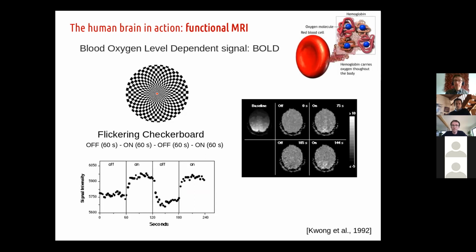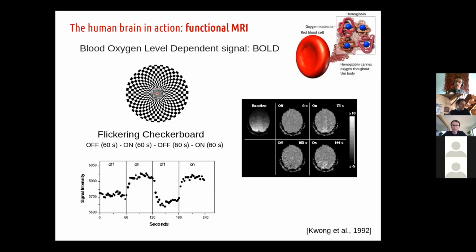Another cool thing with MRI is that it can capture energy consumption because it is sensitive to iron concentration and to the susceptibility of molecules with iron. Hemoglobin, when it's oxygenated or deoxygenated, has a different susceptibility.